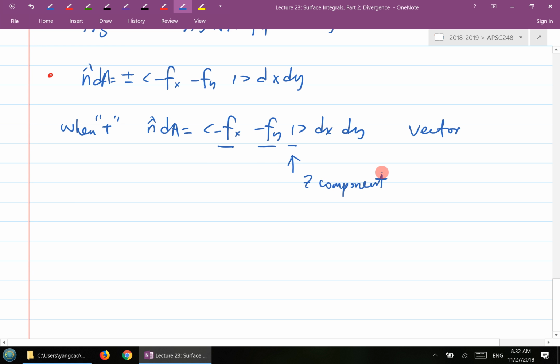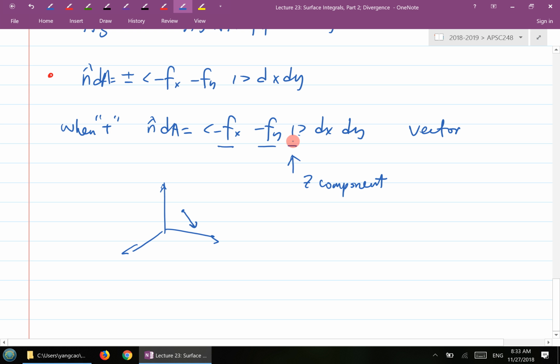So if I want you to sketch this vector here, with the last component always 1, if I have a 3D space and I pick a point, I'm going to draw a vector with the z component always 1, always positive. So what do you think the vector will be pointing to? Will the vector possibly be pointing this way? Not at all, right?